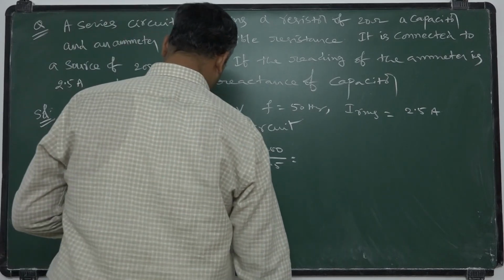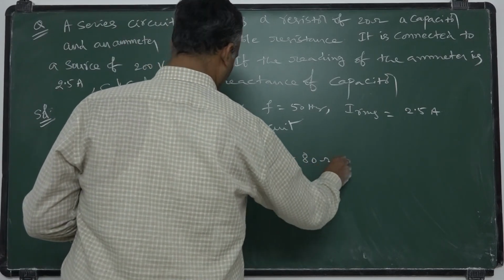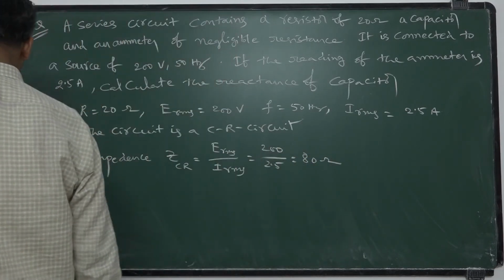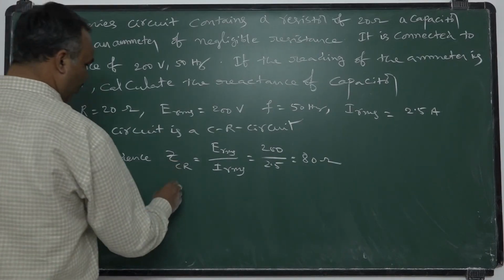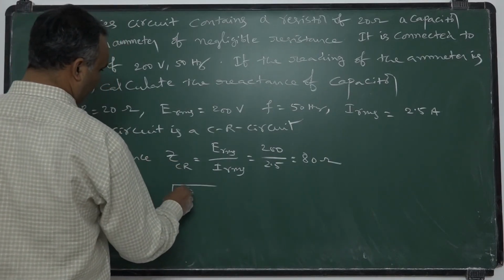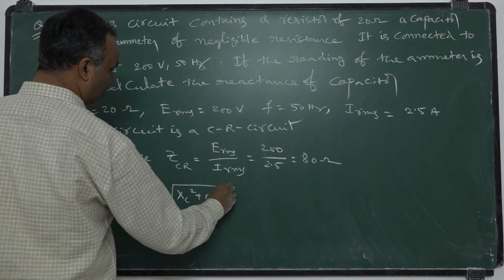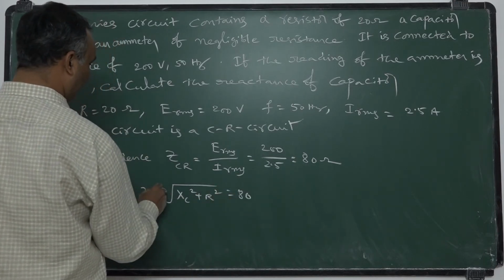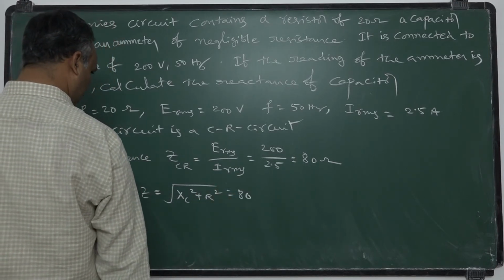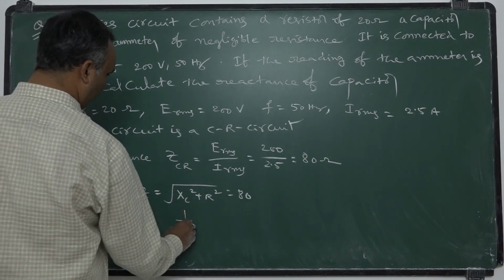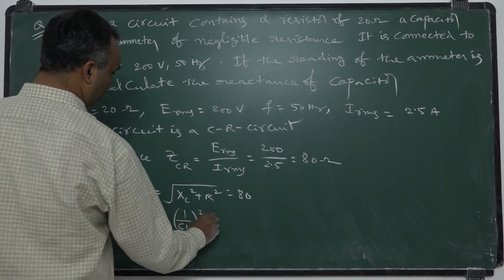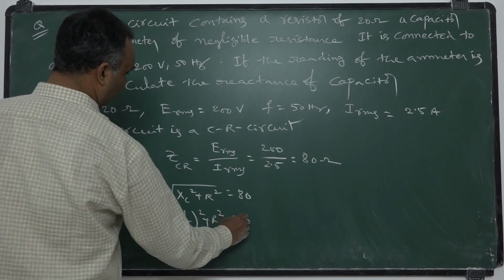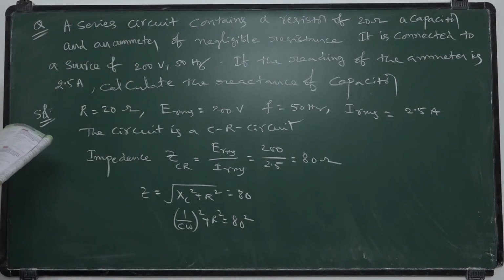So if you divide these two, you will get 80 ohms as impedance. But the general formula for impedance is square root of XC square plus R square, that is equal to 80 in CR circuit. So that is XC means 1 by C omega whole square plus R square is equal to 80 square. We need to simplify this.